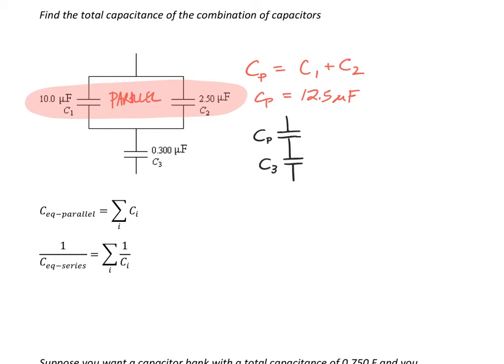This is an equivalent circuit. Okay? This right here, I could produce the same effect with 2 capacitors in series, so long as the first capacitor had the same capacitance as what these two in parallel give me.